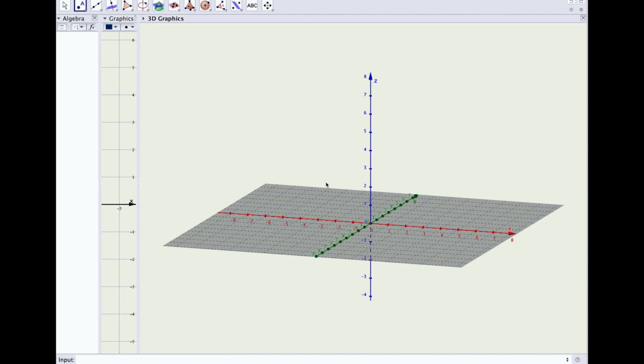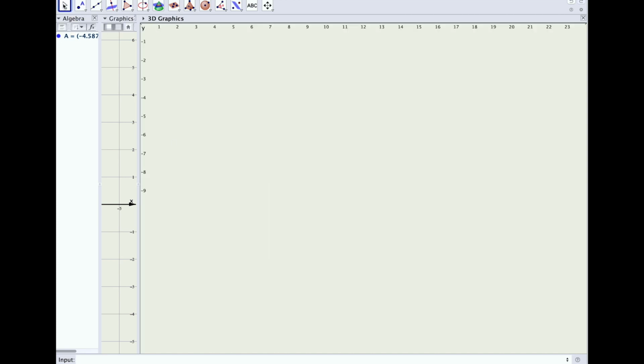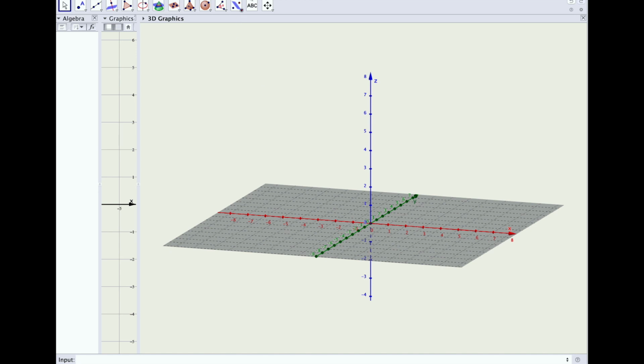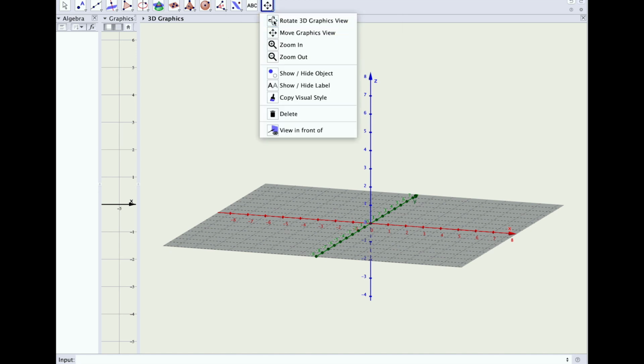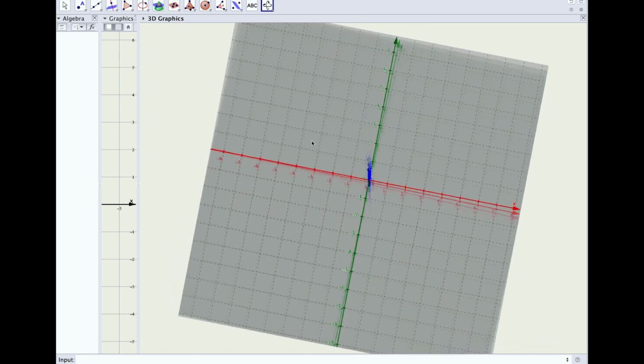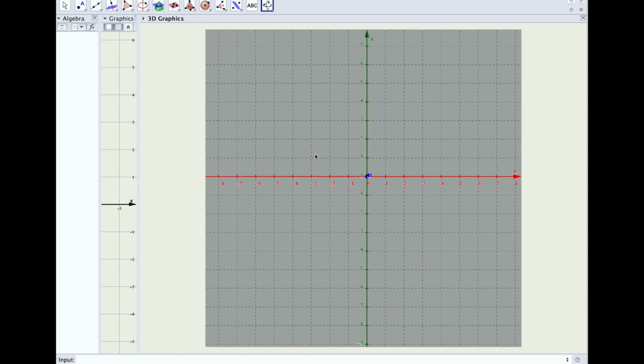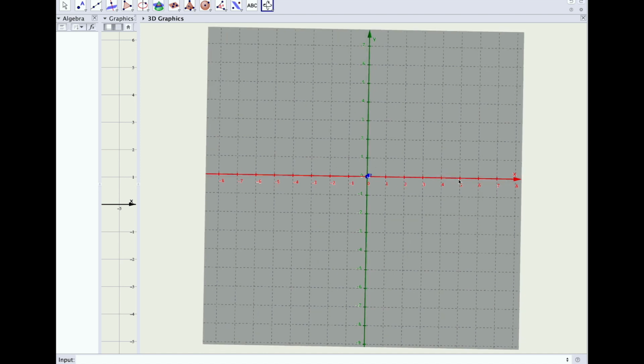Here, if I just turn it around for you, oops, sorry. Delete object. If I just turn this around, so here I go. If I just turn it around, this is just your normal xy coordinate. You see that, yes? This is your x axis and this is your y axis.